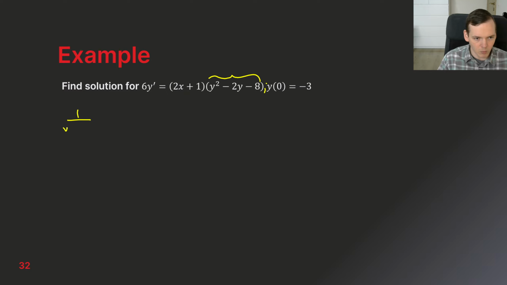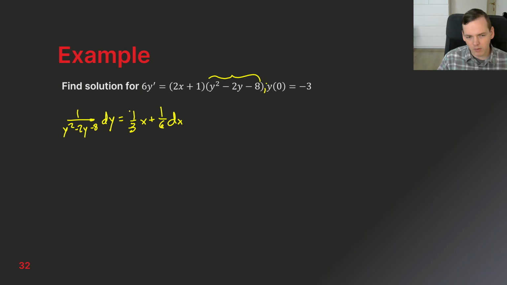So we're going to get 1 over y squared minus 2y minus 8 dy, and then I'm going to divide the 6 onto the other side, just because I find it's typically easier to deal with the constants on whichever side doesn't have things in the denominator, if you end up with things in the denominator. So that will give me 1/3 x plus 1/6 dx.